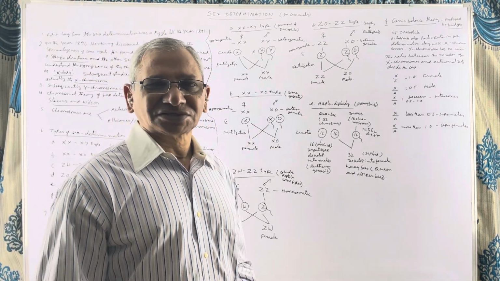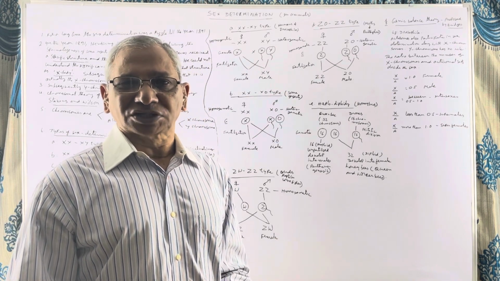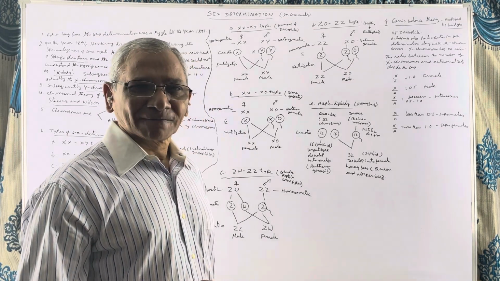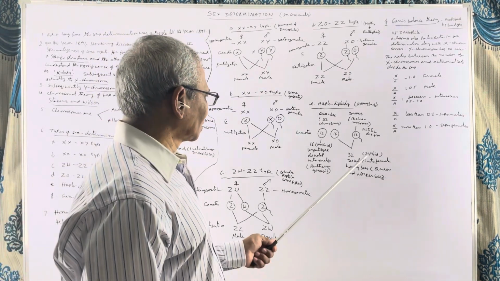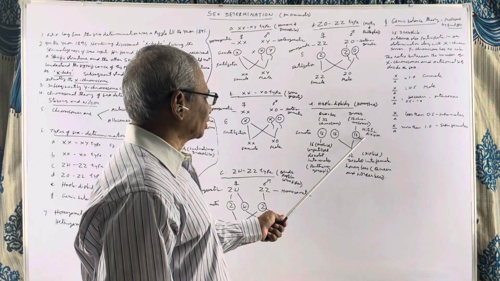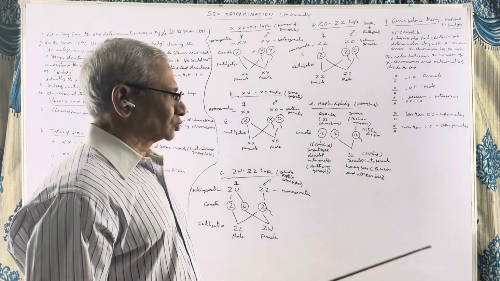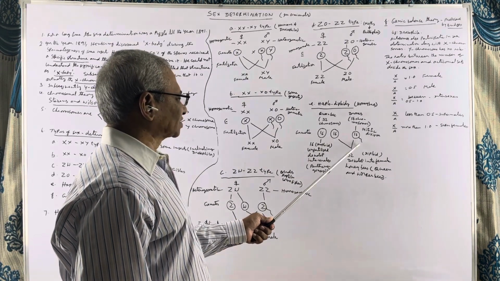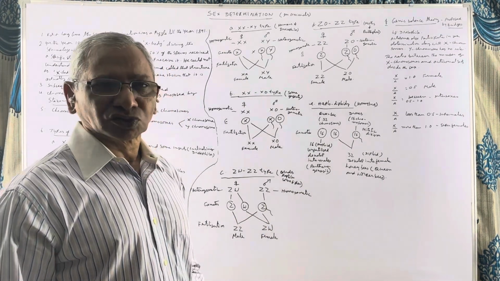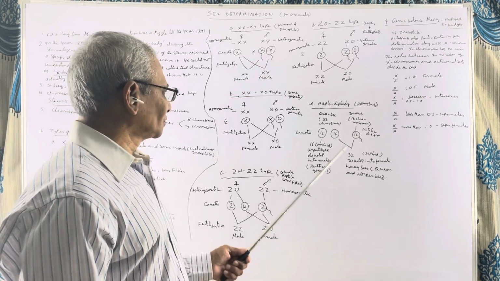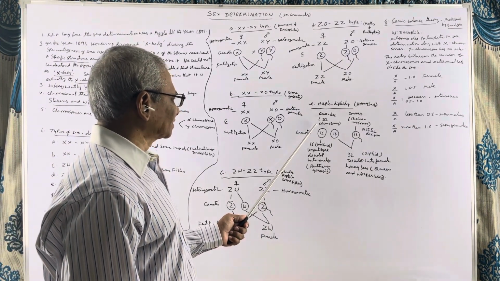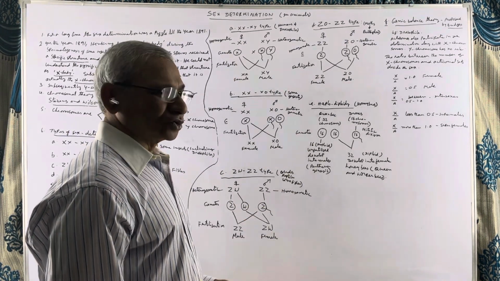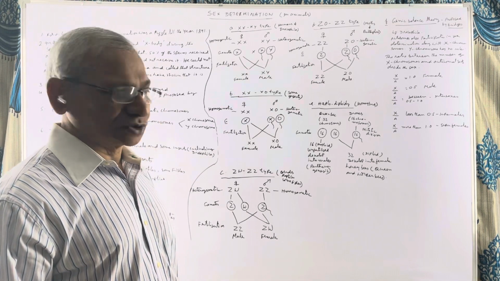In all other animals, meiotic division takes place during gametogenesis, but here mitotic division takes place. That means there is no reduction of chromosomes, and all the sperms receive 16 chromosomes. So here, the females are producing eggs with 16 chromosomes, and the males are producing sperms with 16 chromosomes. But the difference, I have already told you. In the case of females, it is meiotic division during gametogenesis. In the case of males, during spermatogenesis, it is mitotic division.